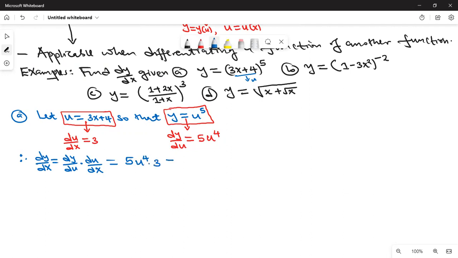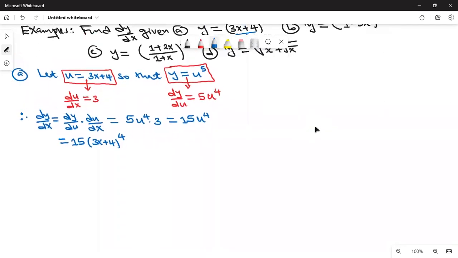So that is the same as 15 u raised to 4. But you have to replace u. Instead of u, we are going to write 3x plus 4, and this is raised to 4, so that you get your final answer. So that is part A.